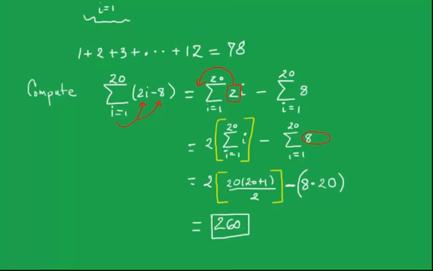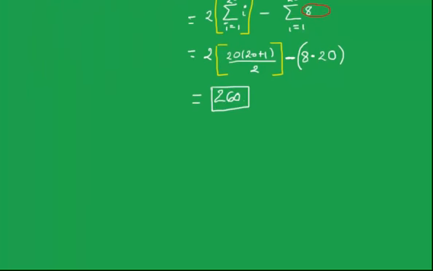Now, my exercise for you is the following. You have this problem, compute the summation i equals 1 to 33 of 7i plus 15.